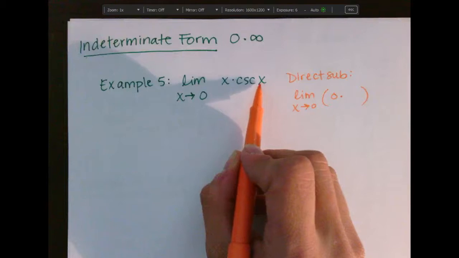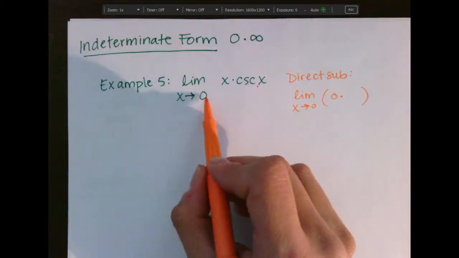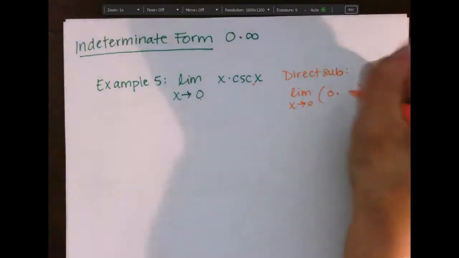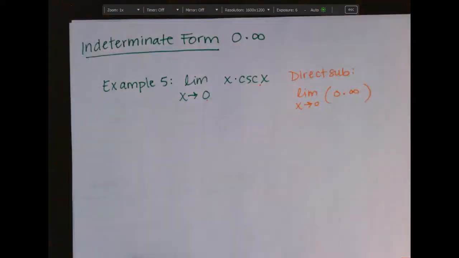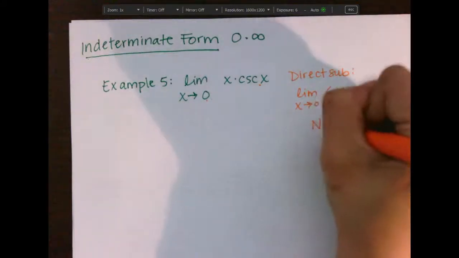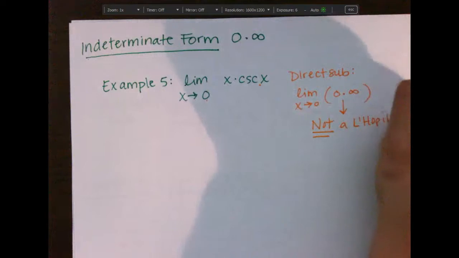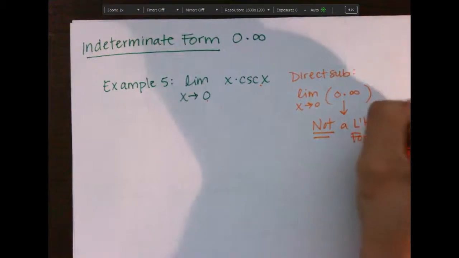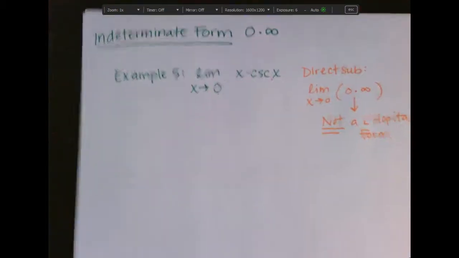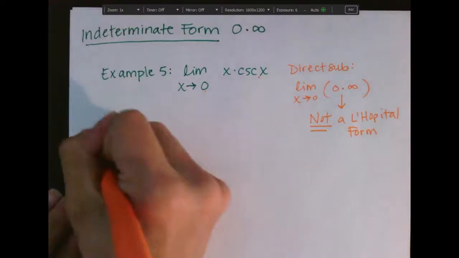And remember, the cosecant is 1 over sine. So if we do 1 over the sine of 0, we're doing 1 over 0, and that's infinity. So this is not a L'Hopital form. It is an indeterminate form. It's something that we can't calculate on a calculator, 0 times infinity, but it's not a L'Hopital form.